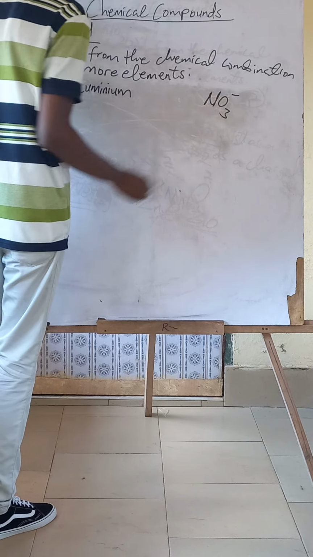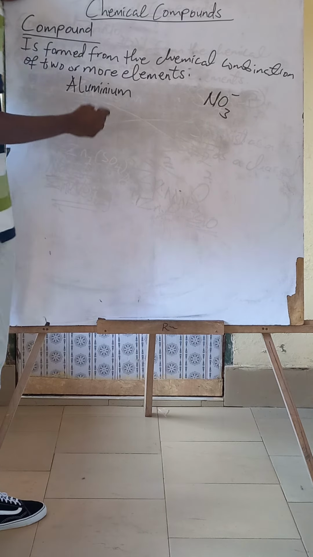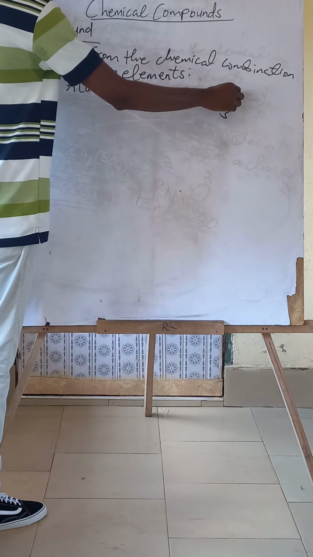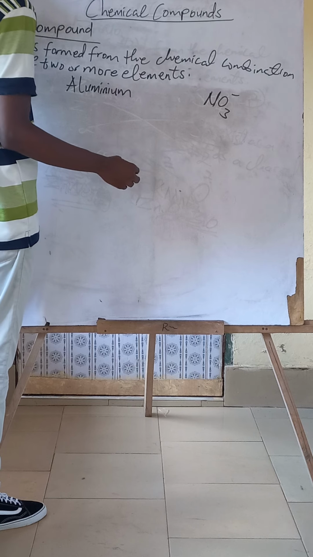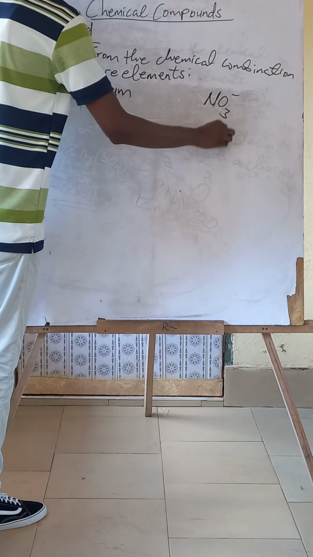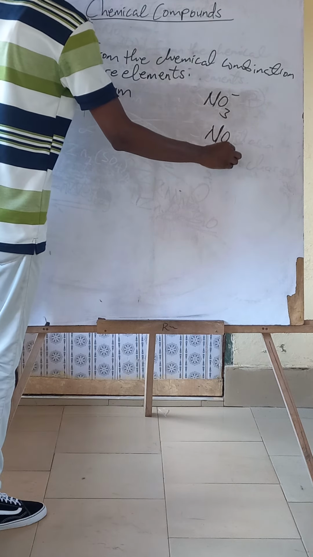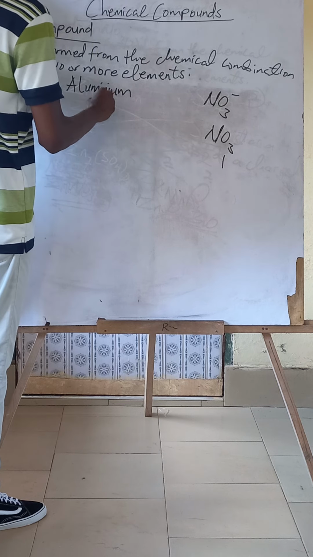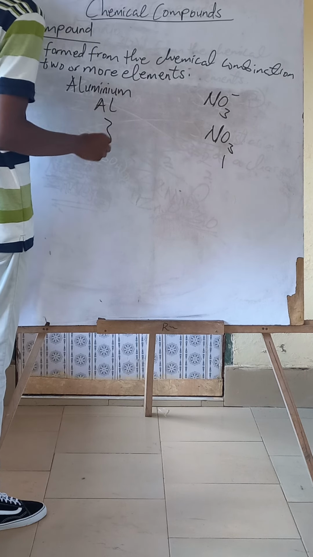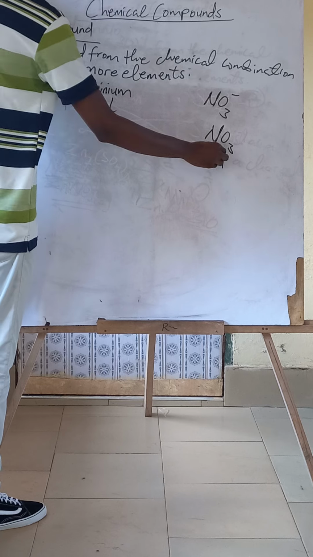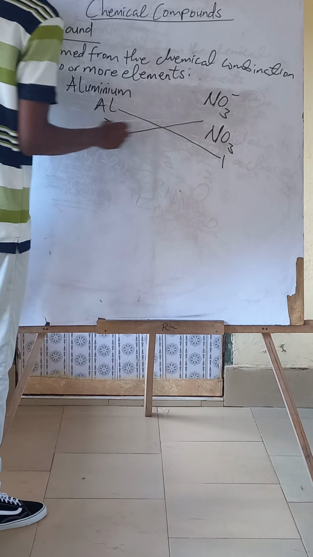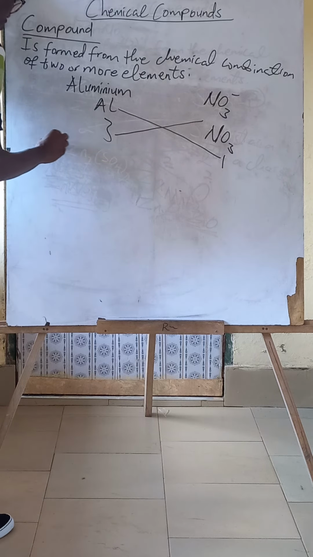NO3 minus is called nitrate ion. That's the common name, nitrate ion. So nitrate ion has a charge of -1. Its valency will be 1. Just ignore the charge. Aluminium has a valency of 3. So exchange the valency. You give this one to aluminium.